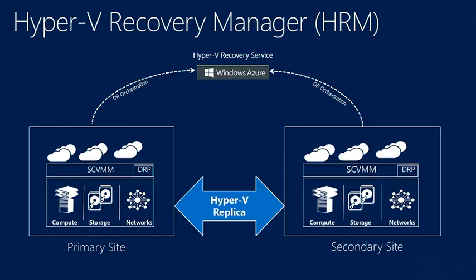But the second one, a more practical one, is if you think about it, you've got a primary data center, you've got a secondary data center, you've got replication traffic going, you've got the ability to fail workloads over. When the disaster strikes, you don't know where you're going to be able to get to in order to orchestrate the failover.